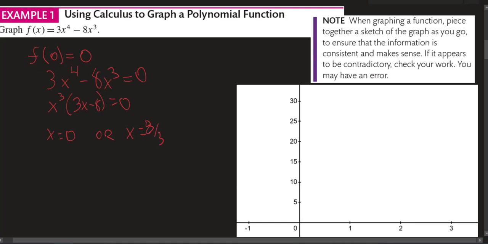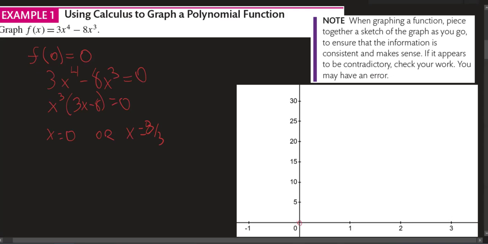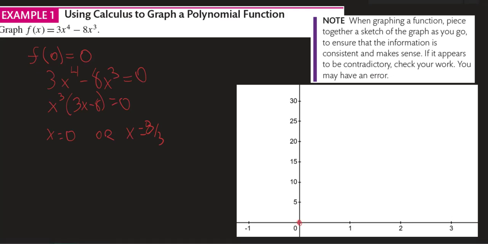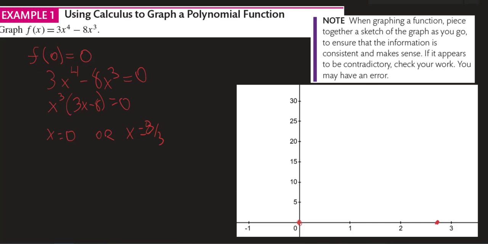So the two x-intercepts are x equals 0 and x equals 8/3. So we can actually plot those points if we put 0 right there and then 8/3, comma 0, which would be right about there. 8/3 is 2 and 2/3.